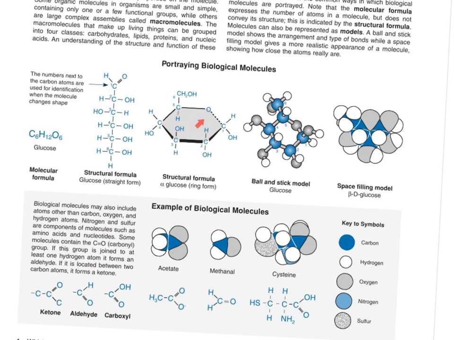So if you see a hexagon, you can think of it as glucose. The ball and stick model, which I showed you, we'll be using in small groups next week. You will create a ball and stick model of glucose, in which each stick represents a bond, a chemical pair of electrons being shared.